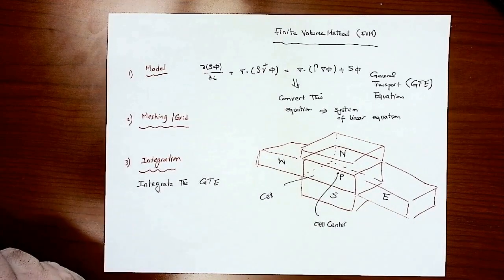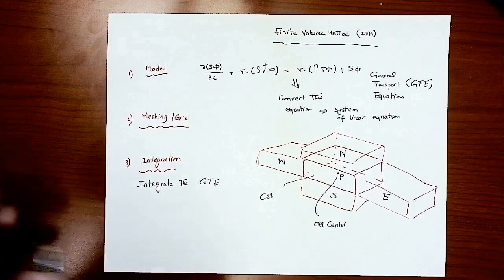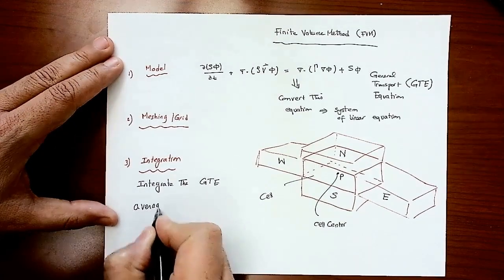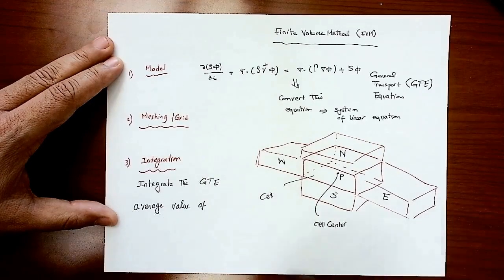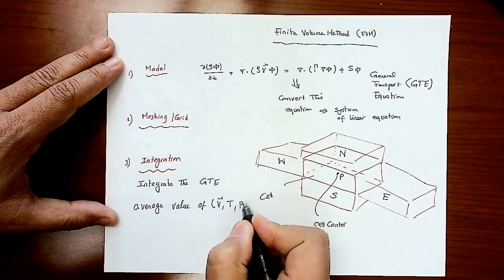As you see here, we are not dealing anymore with the grid itself. We are dealing with the center point of the cell. So the finite volume method, when you integrate the general transport equation, will give you an average value of whatever variable you're looking for: velocity, temperature, pressure, whatever.